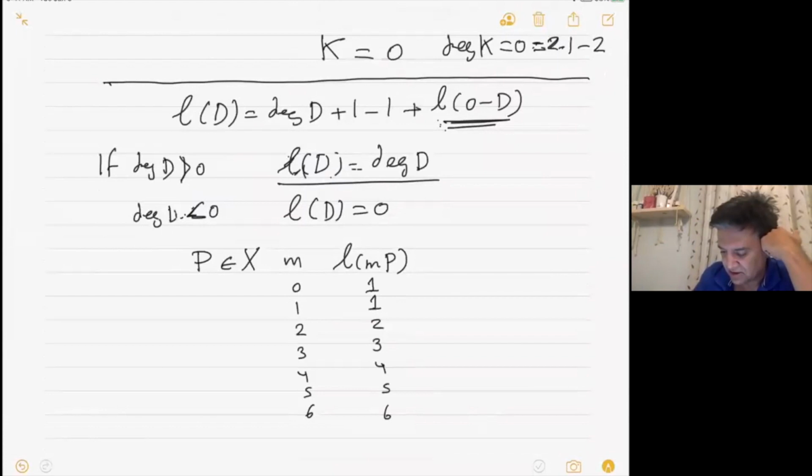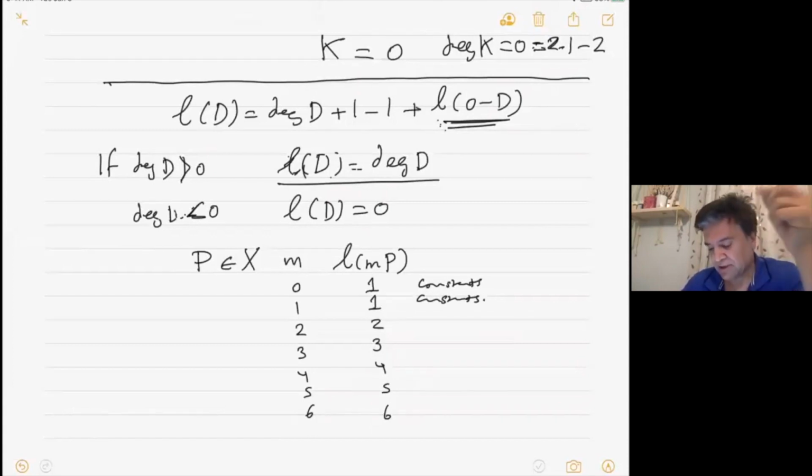So this is just constants, and that's constants also. So there is no meromorphic function on an elliptic curve with only one simple pole. It must have one simple pole. If you think about the Weierstrass P function, you see double poles.